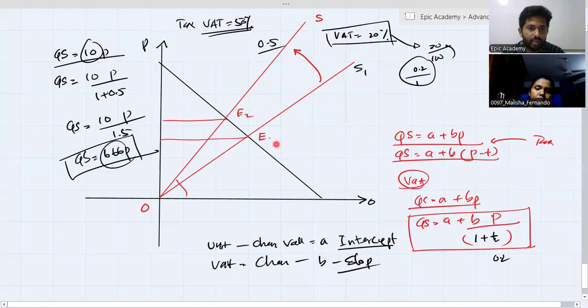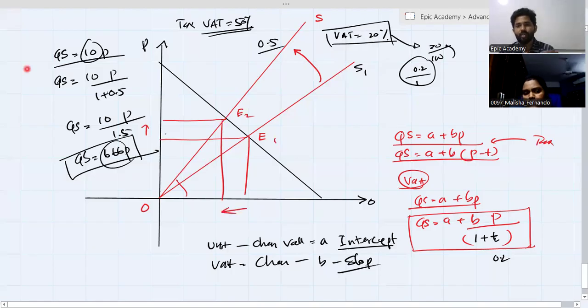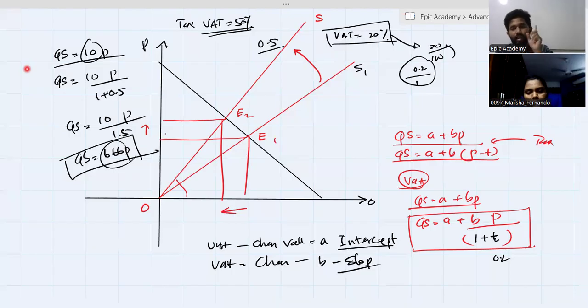It also has a similar impact on the commodity, isn't it? Price increases, quantity reduces. That's what happened. Price increases, quantity reduces. You can already identify that in the unit tax also. Price increases, quantity reduces. But the problem is the changing point.